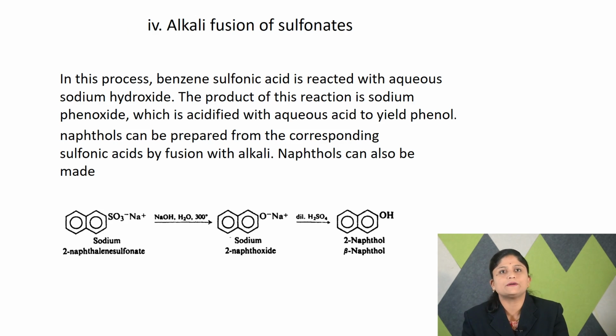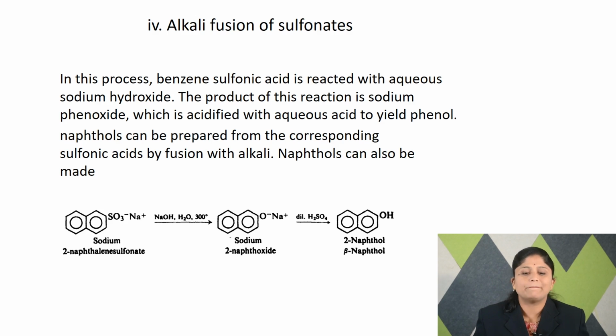The fourth and very important method used for the formation of phenol is alkali fusion of the sulfonate salt, in which benzene sulfonic acid is reacted with a strong base, sodium hydroxide.